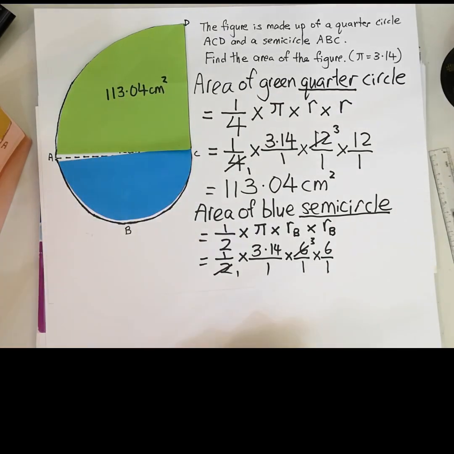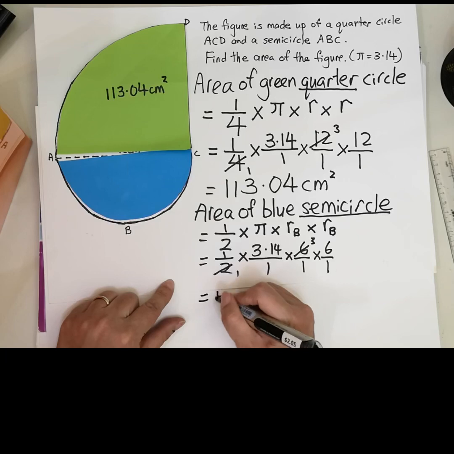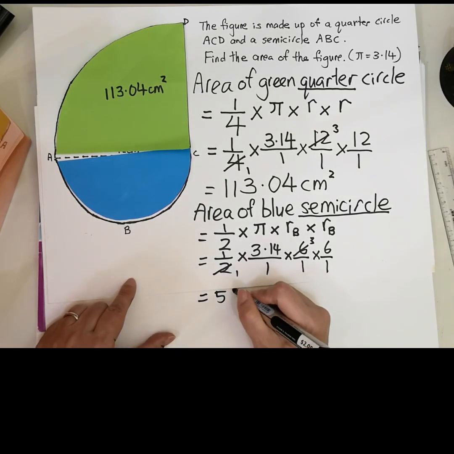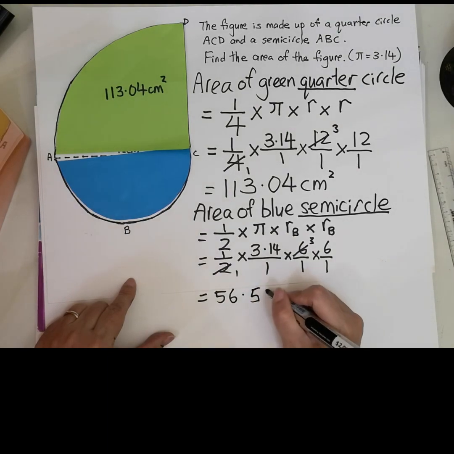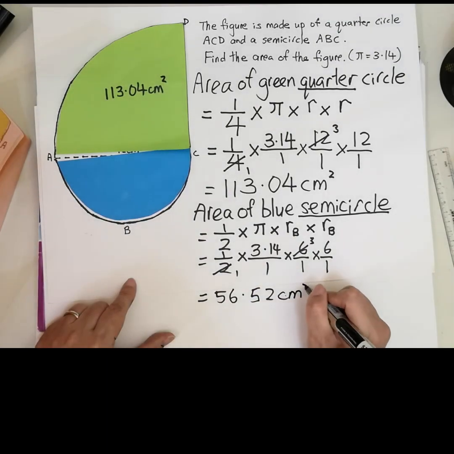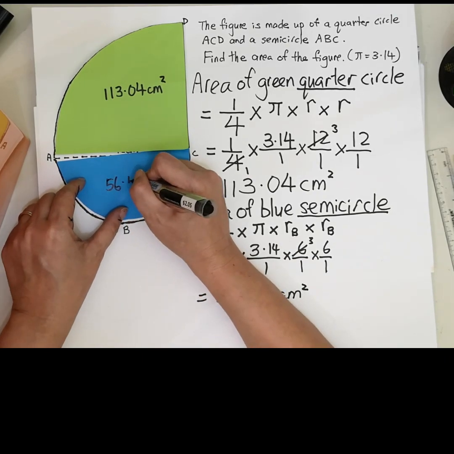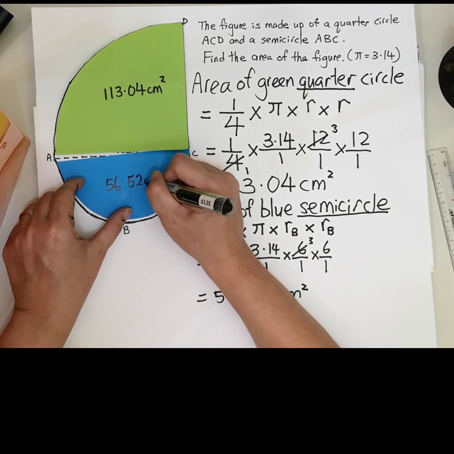That will give us an area of 56.52 square centimeter. Let us write the area on this blue semicircle.